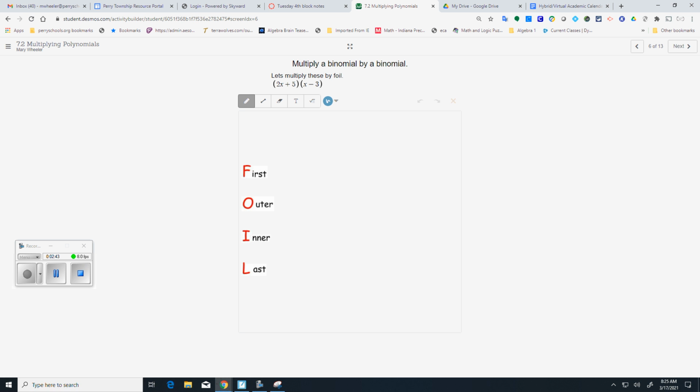Okay. So now we're going to learn how to multiply a binomial by a binomial. And how we do this is we FOIL it. So what we do is we take the first two numbers and we multiply them together.